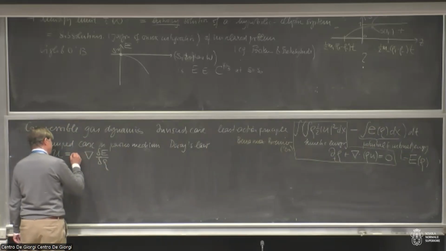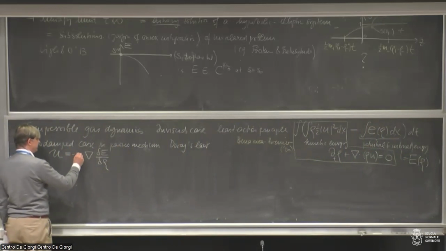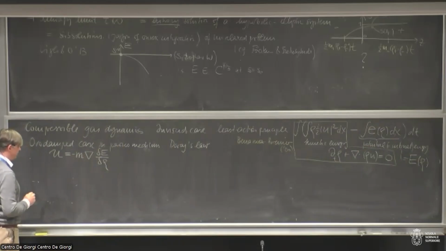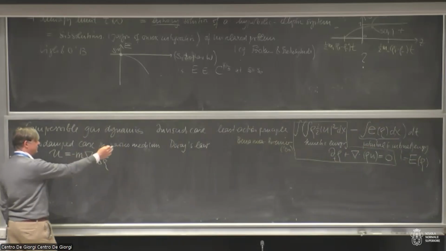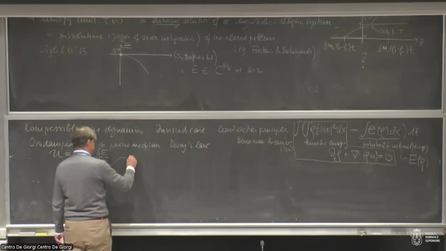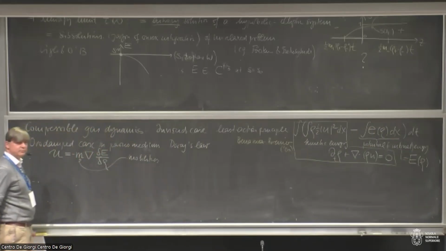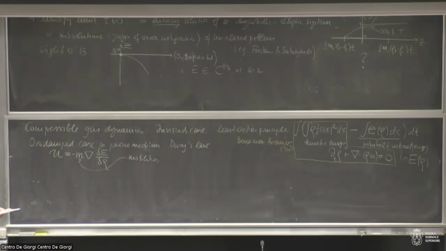And of course, it goes in the negative direction. And since this is not first principles, there is a factor of proportionality, which is called the mobility, might even be anisotropic, depending on the structure of the porous medium. But we've had mobilities already. But now it's a single mobility because it's a single phase.